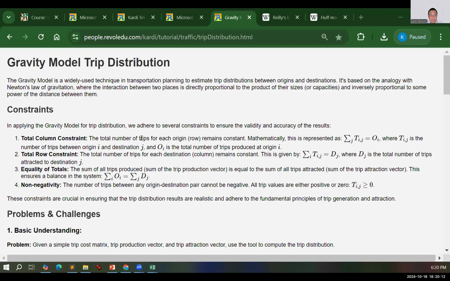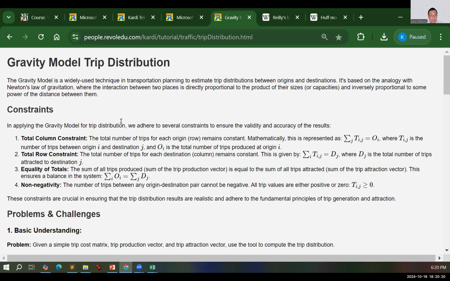Okay, so I have a virtual lab also in Recoleta to compute the gravity model.